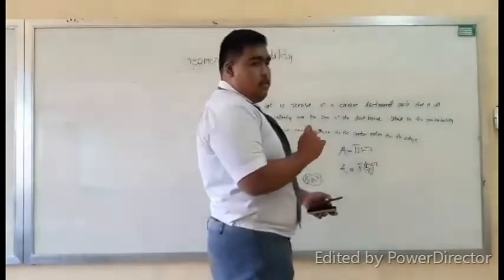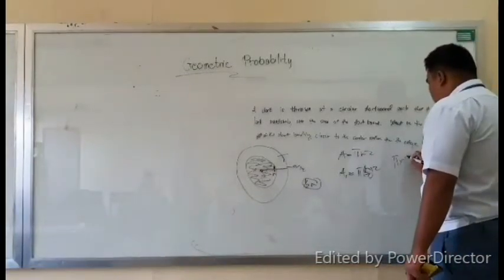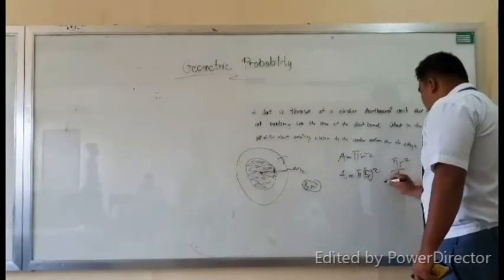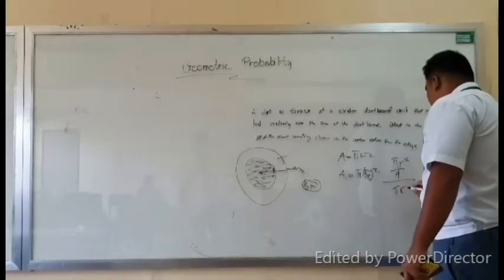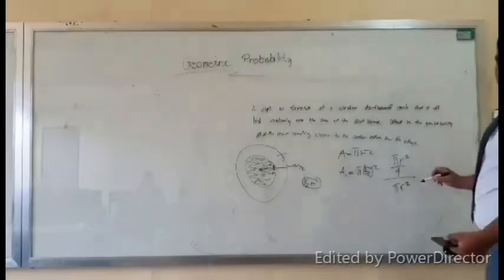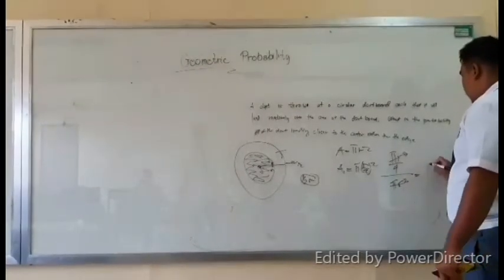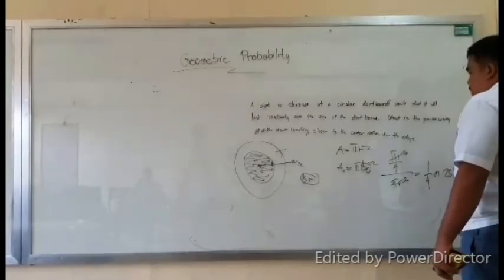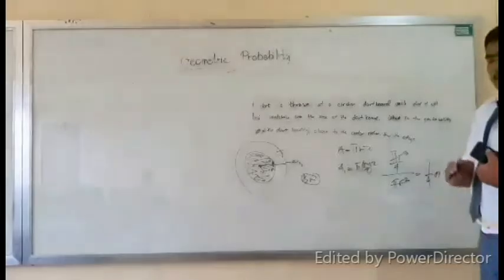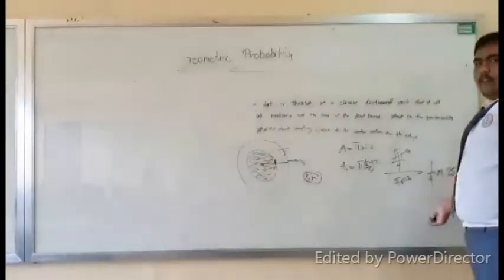We will divide: pi r squared over 4, over pi r squared. The pi r squared cancels out, so it will be equal to 1/4, or 25%. So the probability of the dart landing closer to the center rather than the edge would be 25%.